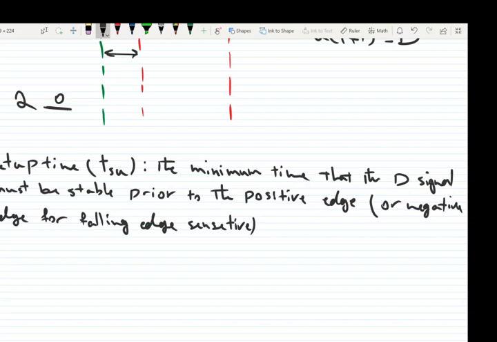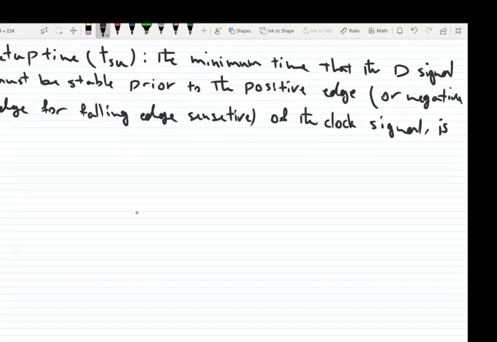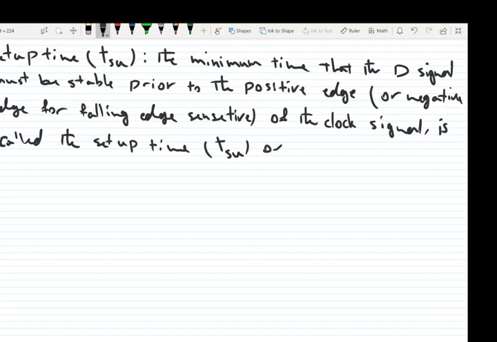positive edge or negative of the clock signal is called the setup time, or T of SU, of the flip flop.